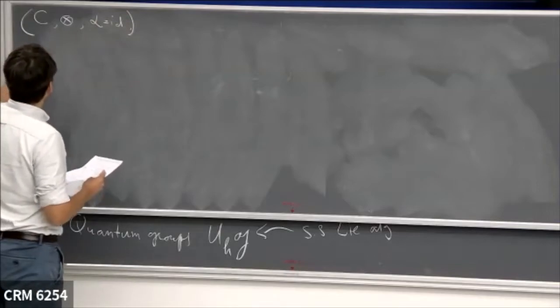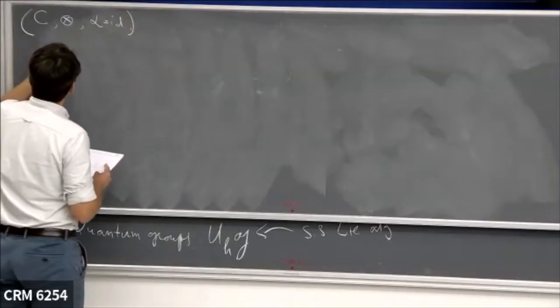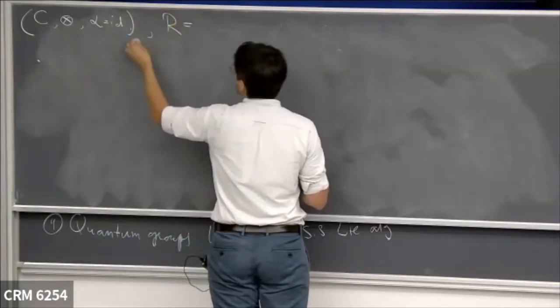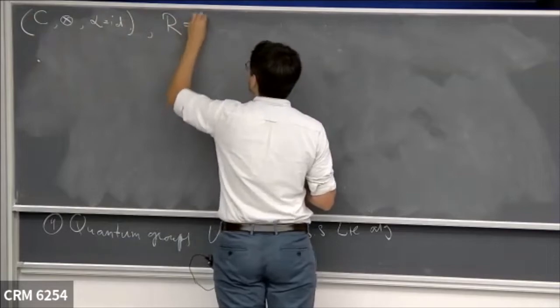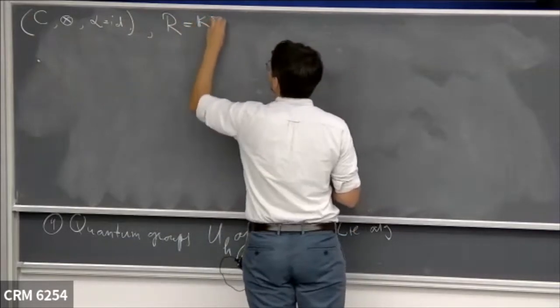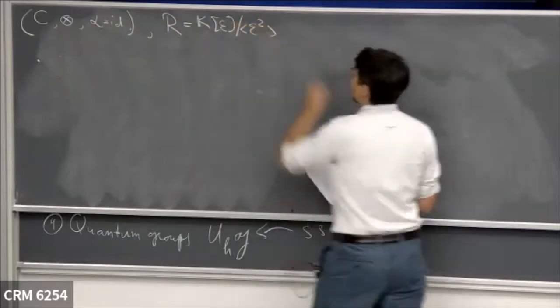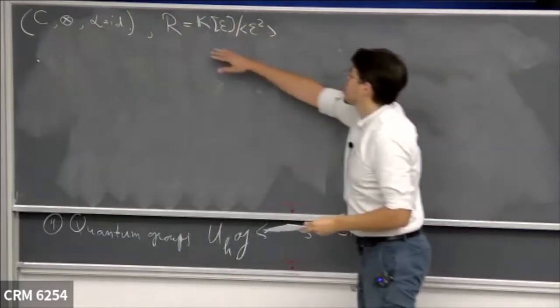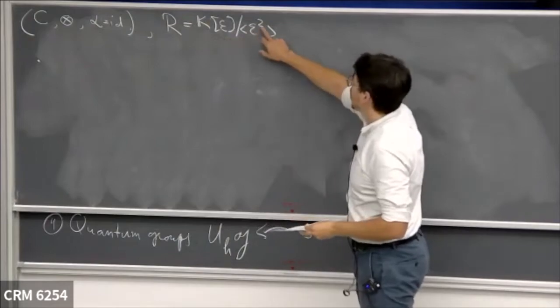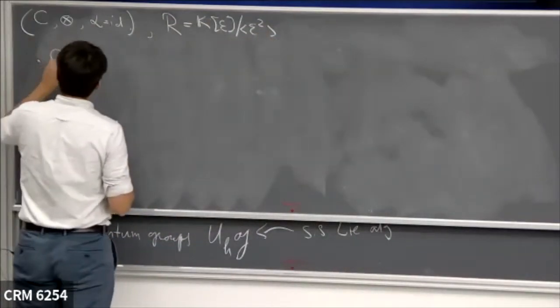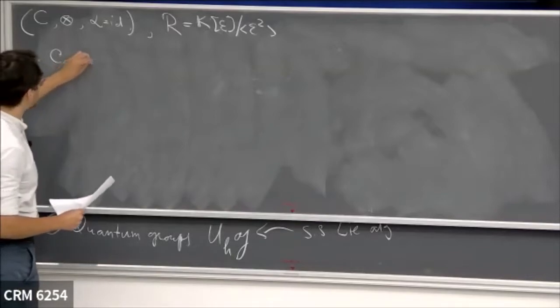We're going to consider R, for some field K, R is K[epsilon] over epsilon squared. In general, I can actually consider any power n. Let me introduce a category C_R, which will be a kind of trivial deformation. It's very simple, we just extend scalars.